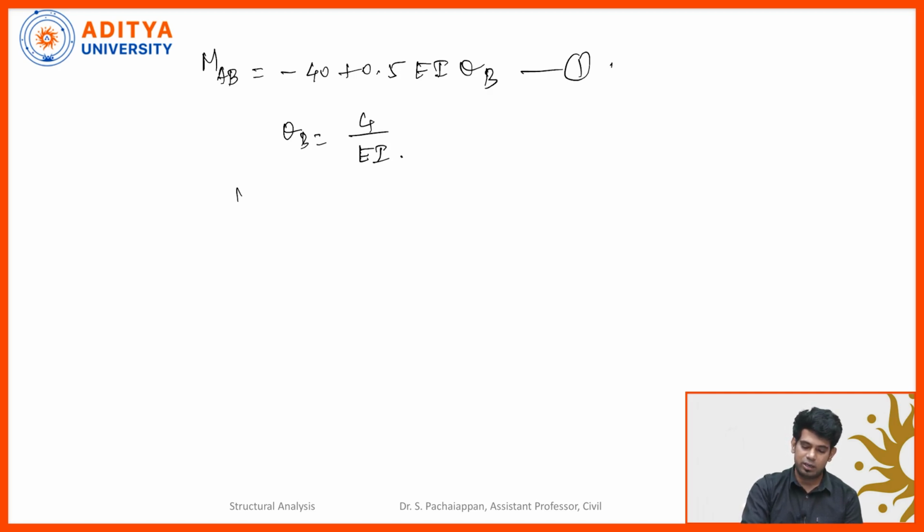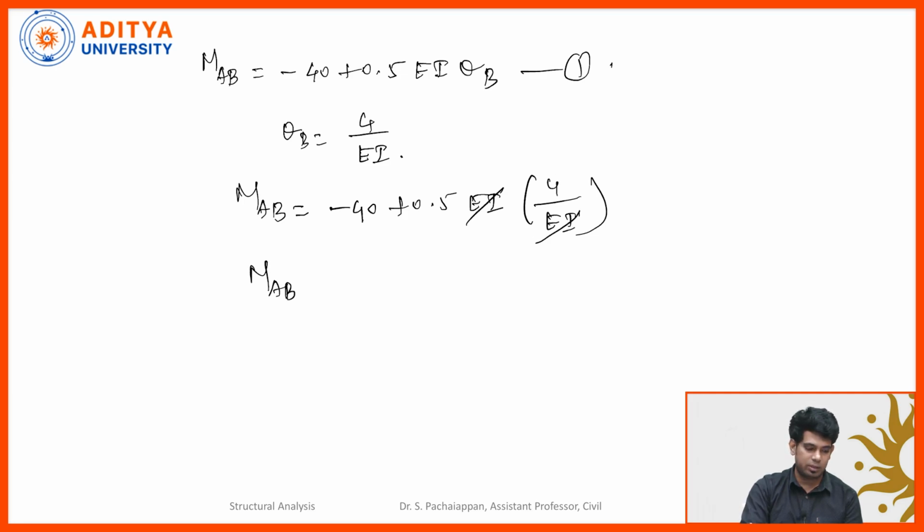So MAB is equal to minus 40 plus 0.5 EI, theta B is 4 by EI. So EI will get cancelled. So we'll be getting MAB is equal to 24 kilonewton meter.